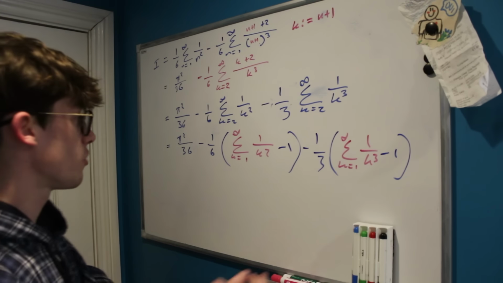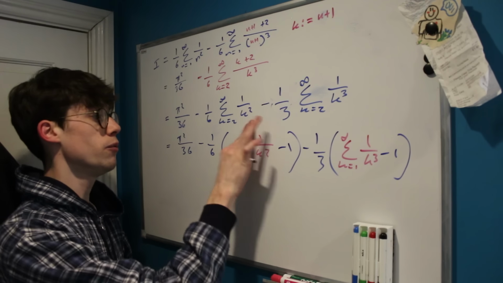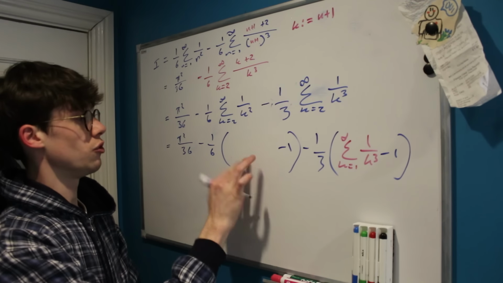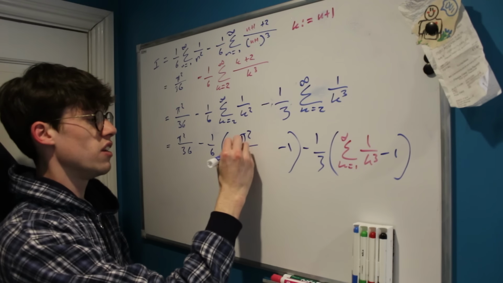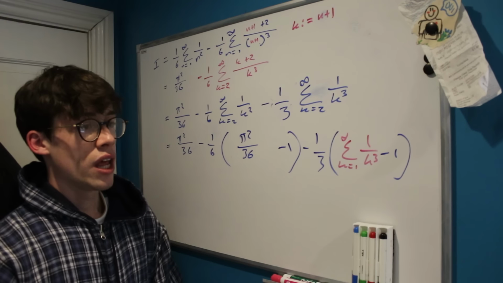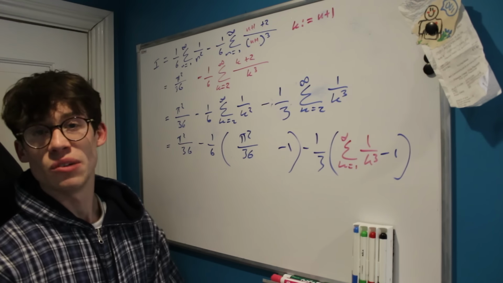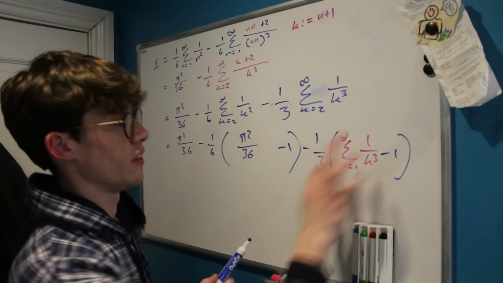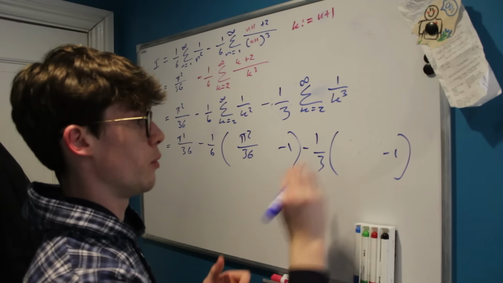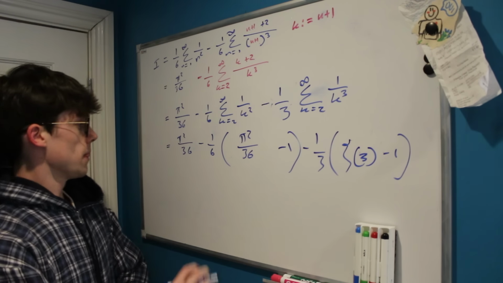And so now we can express our answer in terms of the zeta function. This one we don't have to, because we know that that's equal to pi squared over 6. Zeta of 3 is also equal to a constant. I think it's just bigger than 1. And it's called Apéry's constant because it was found by Apéry, but we don't really need to worry about that because I'm just going to write my answer in terms of zeta. And again, apologies for my horrible zetas.